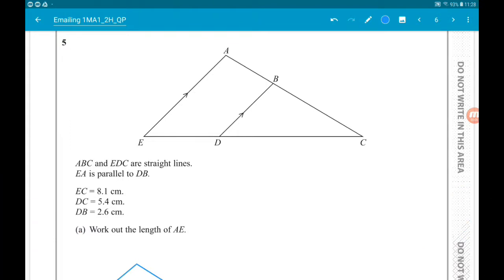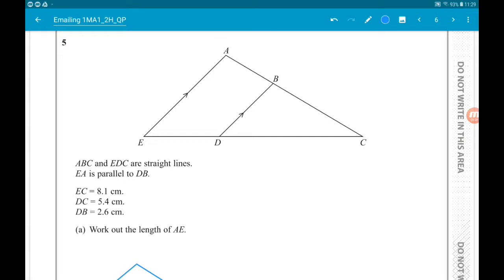Okay, number 5, we have some similar triangle fun. So ABC and EDC are straight lines. EA is parallel to DB. So those are the two lines with the arrows on. Those are what tell us these two are similar triangles.